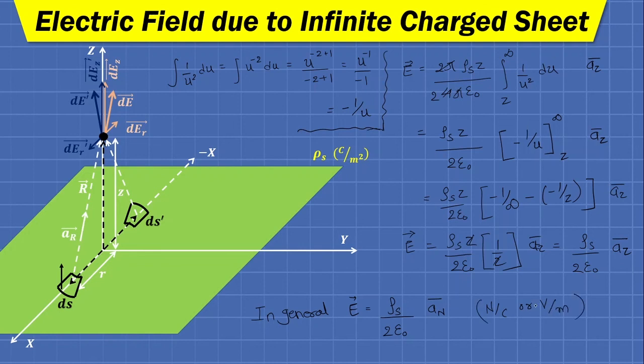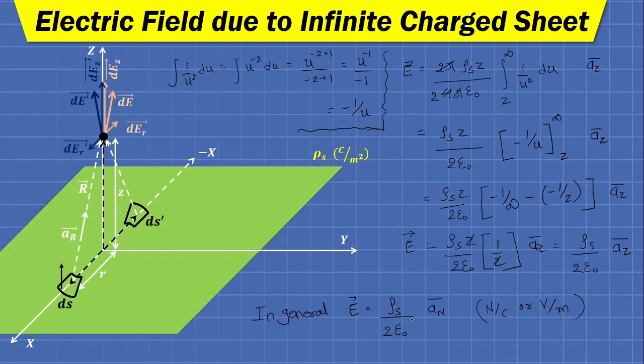Okay, but some important observation should be discussed, that E bar due to an infinite sheet of charge at any point is not dependent on the distance. See here the distance is z of point P from the infinite sheet.